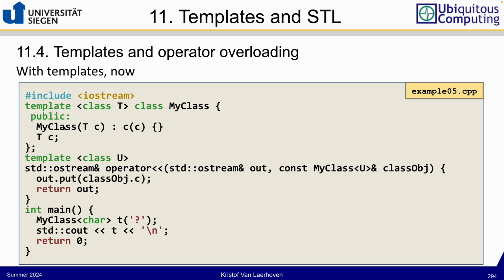So this is a fairly simple class, which is templated and using T as a parameter. And then parallel to this class, we use the operator of our output stream together with this particular class. So we have here a different number.